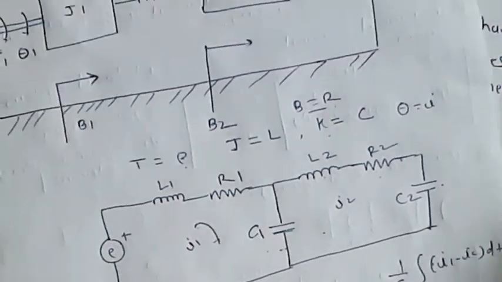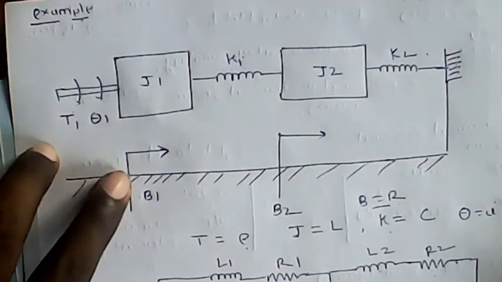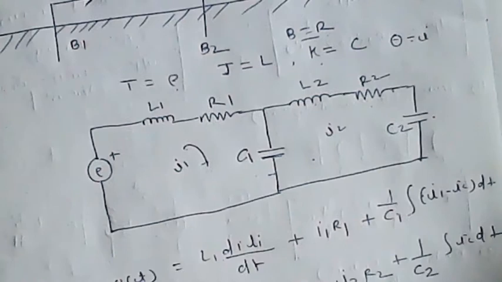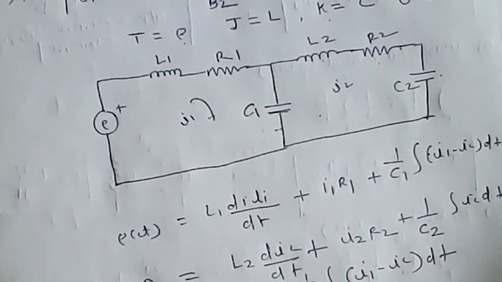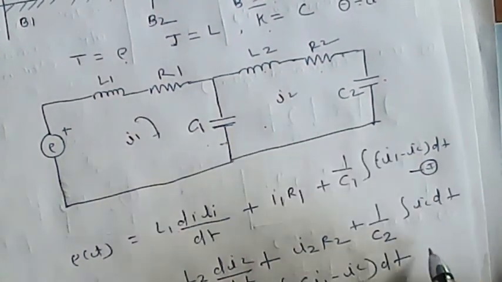So we can convert this rotational mechanical system into an electrical system and write the closed loop equations for these two. This is equation number 1 and this is equation number 2.